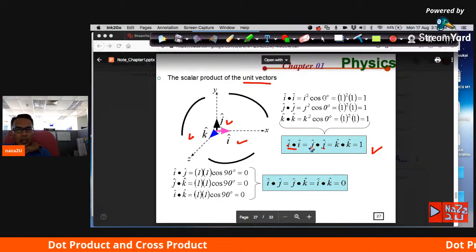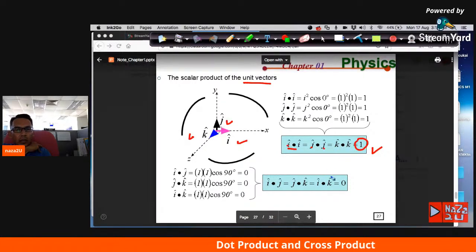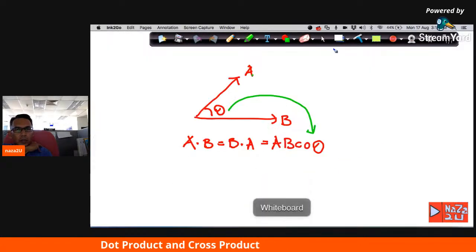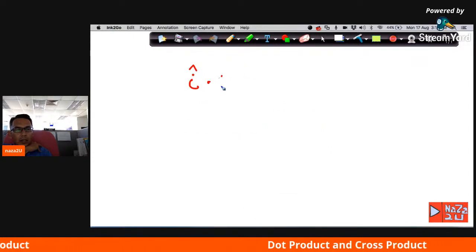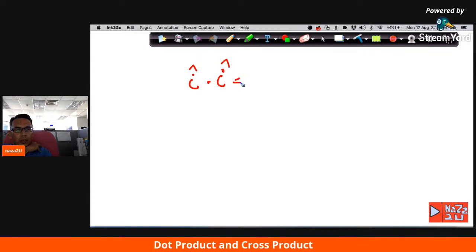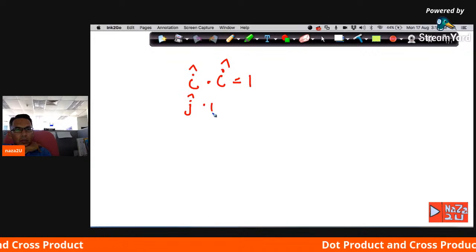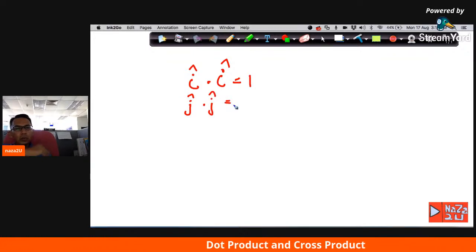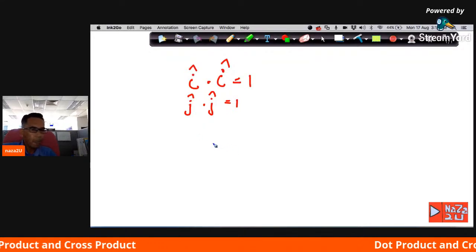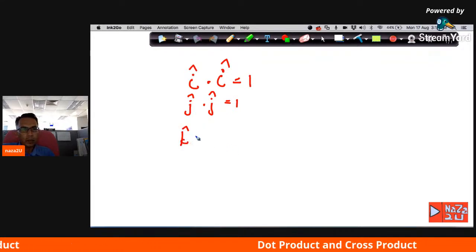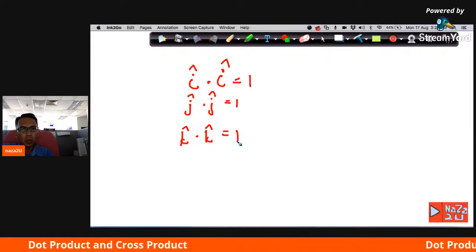I dot I, J dot J, or K dot K is equal to 1. So meaning the unit vector i dot i is equal to 1. Unit vector j dot unit vector j is equal to 1, and unit vector k dot k is also equal to 1.